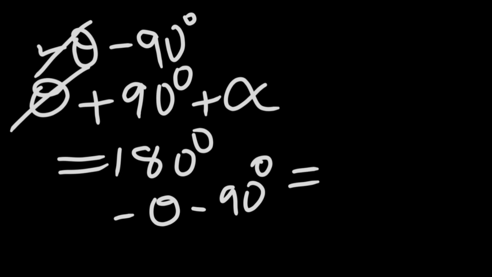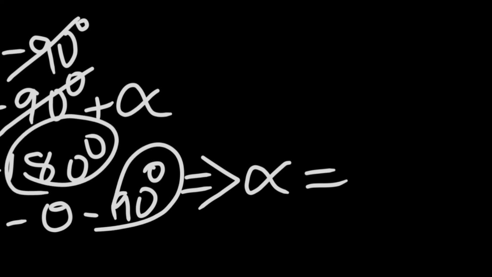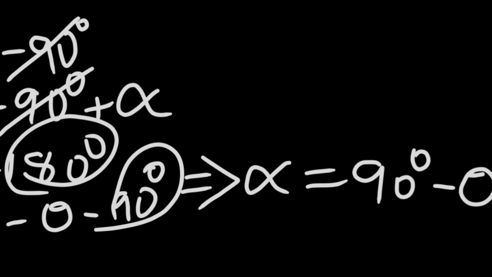Minus theta plus theta will cancel, minus 90 plus 90 will cancel, alpha will be there. So alpha is equal to 180 minus 90 degrees, which is 90 degrees, minus theta.